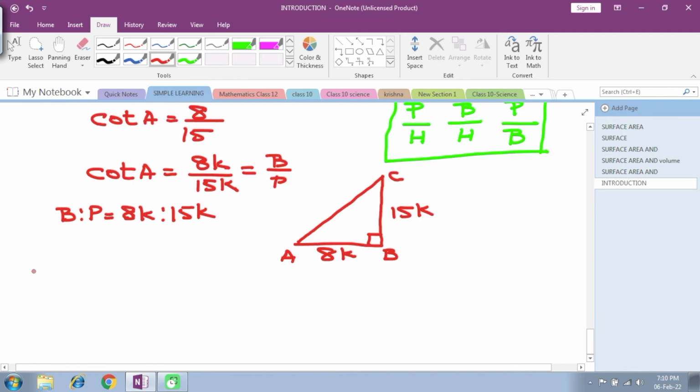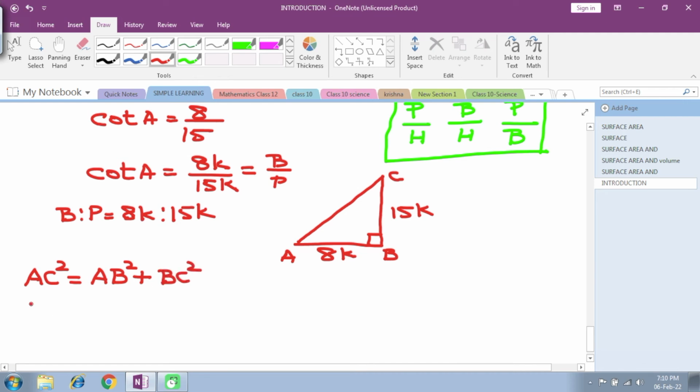According to Pythagoras theorem, what is Pythagoras theorem? Pythagoras theorem says that the sum of squares of two sides of a right angle triangle is equal to the square of its hypotenuse.